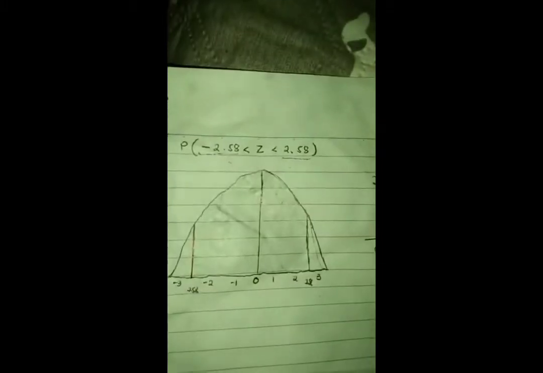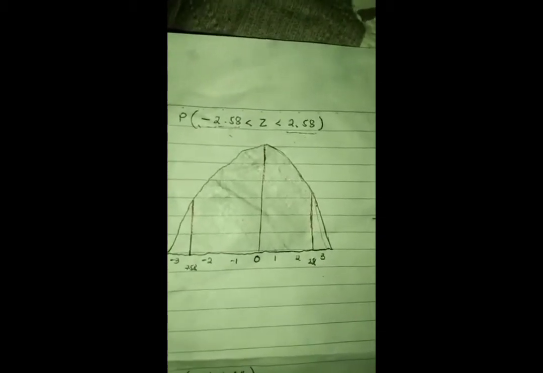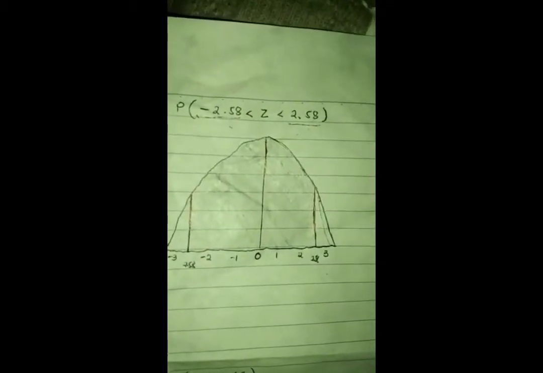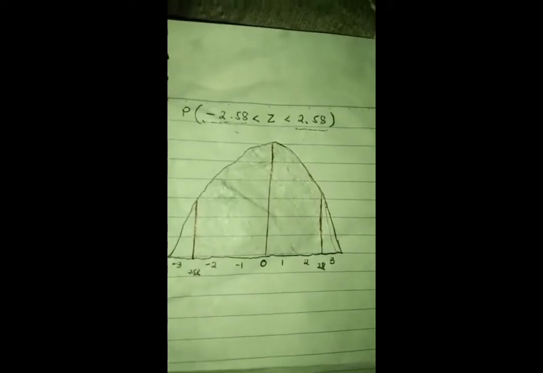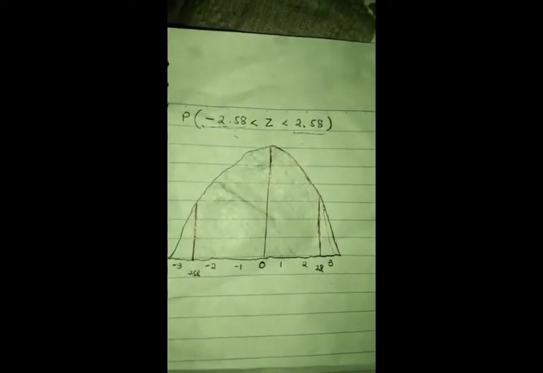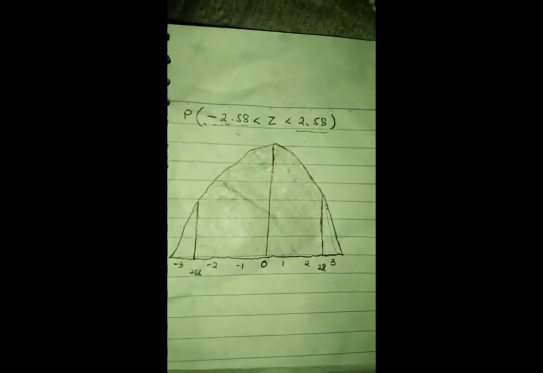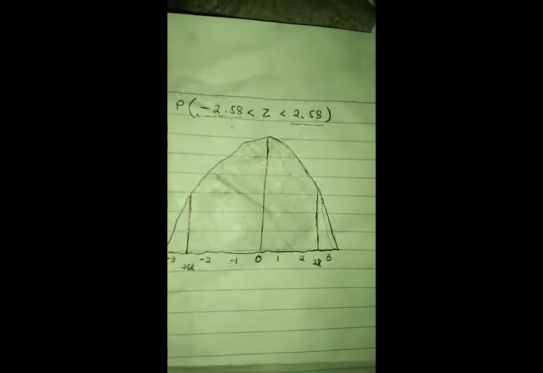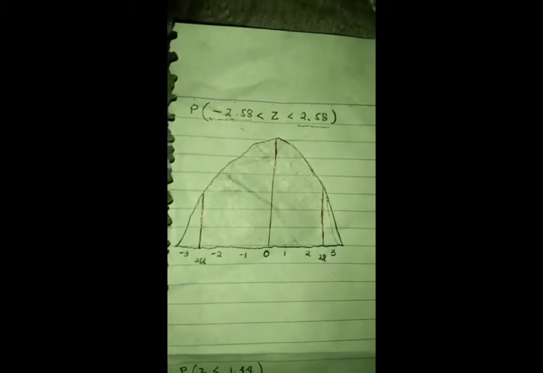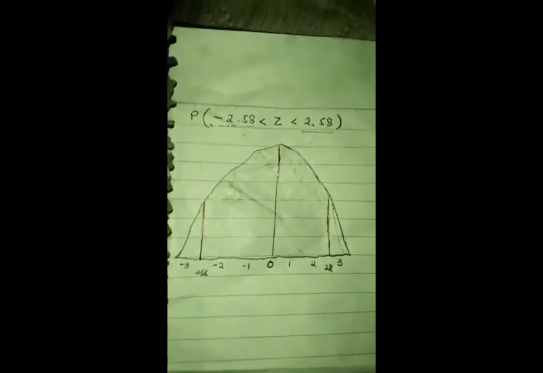Therefore, using the z-table, we will locate the z-score or the value of 2.58. So use your z-table and find the value of 2.58. By looking at your z-table, it is equal to 0.4951.